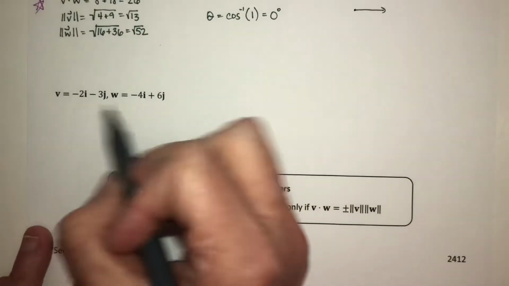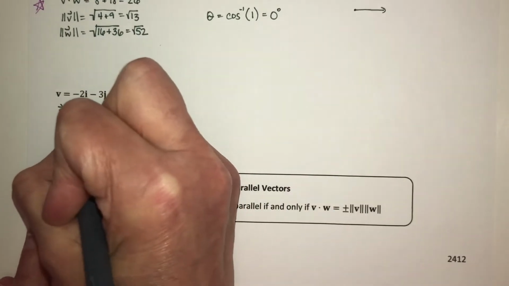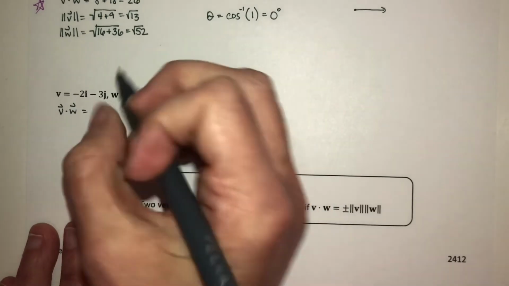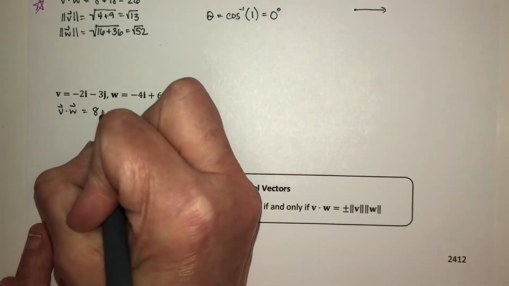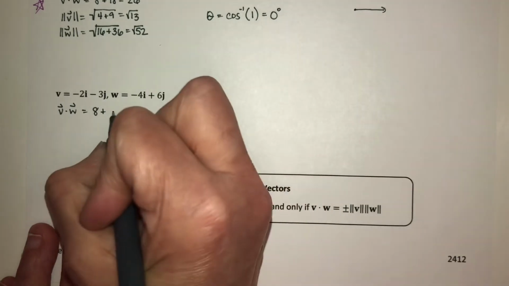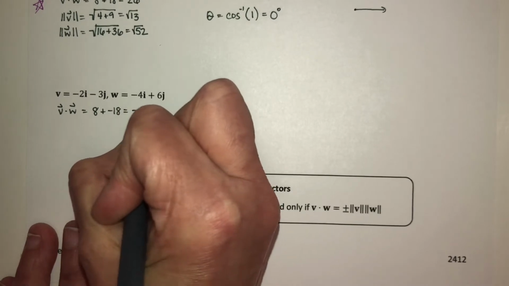Here, let's find the angle between these two. We need v dot w. So that will be -2 times -4, which is 8, plus -3 times 6 is -18, so this is -10.